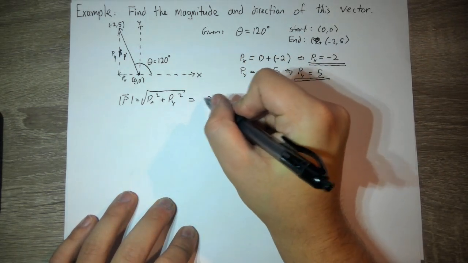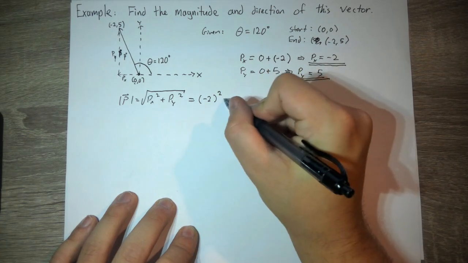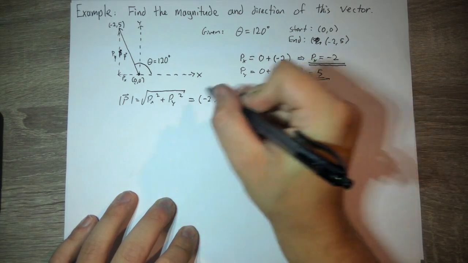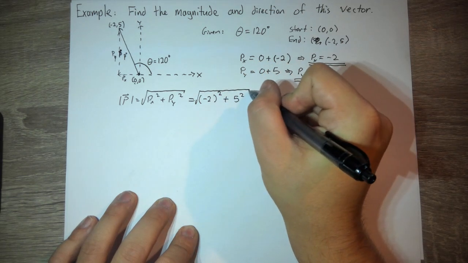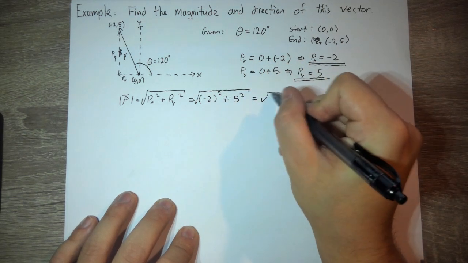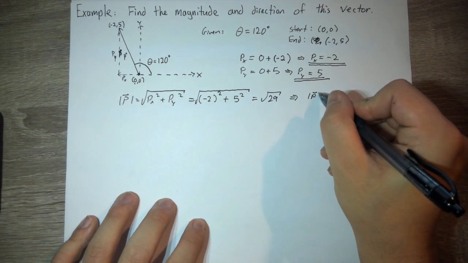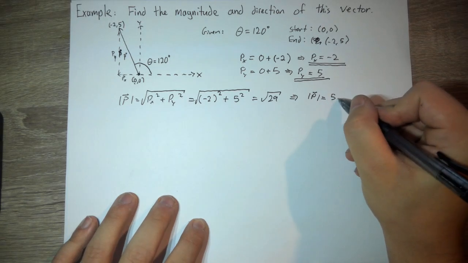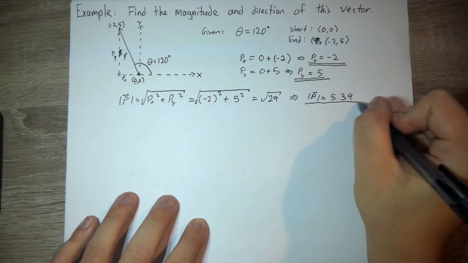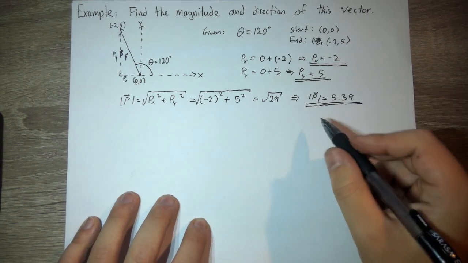We get -2 squared plus 5 squared, which is 29, square root of 29, or in decimal form, about 5.39. And so we have our magnitude now.